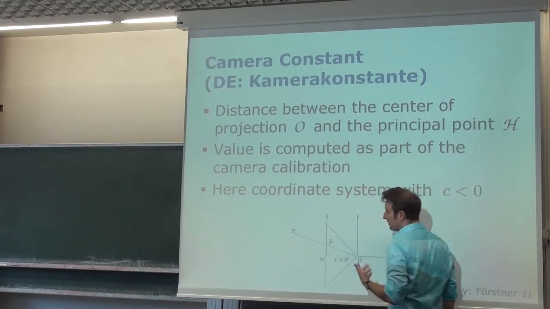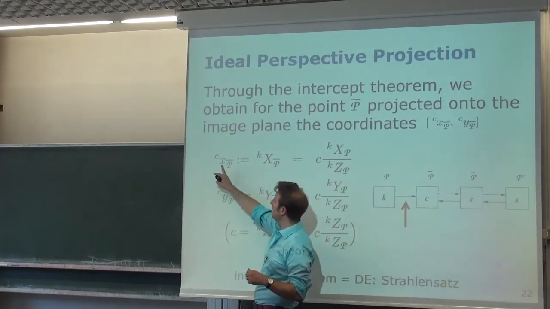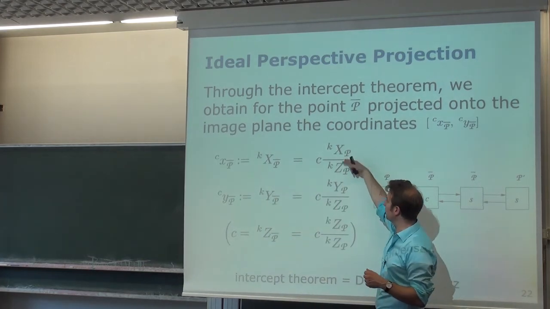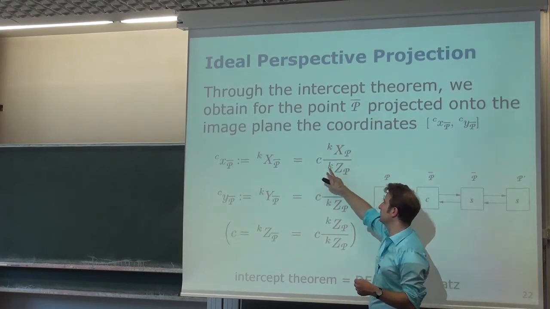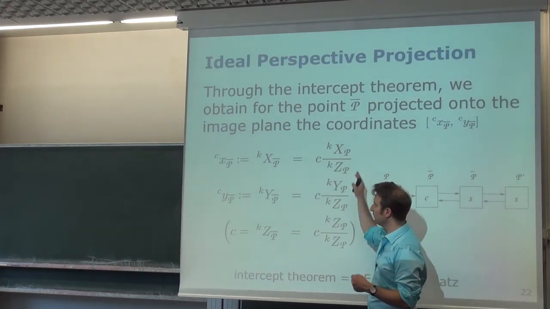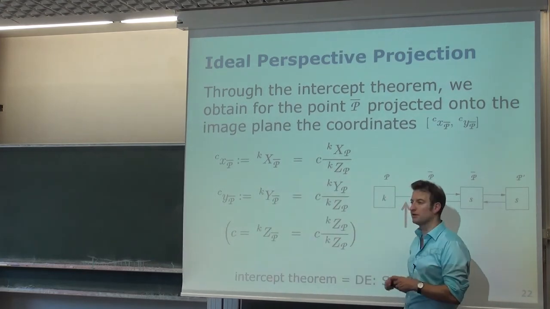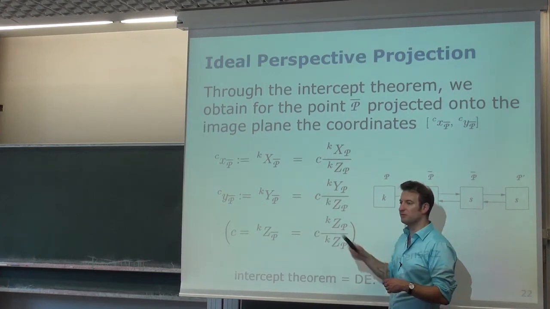And just through the theorem of intercepting lines, I can compute that my image point is the x coordinate of the point in the 3D world, divided by its z coordinate, times my camera constant. And this gives me the x, and the same way for y, the y coordinate. I can do the same thing for z, but I then have that divided by z here, which directly gives me c.